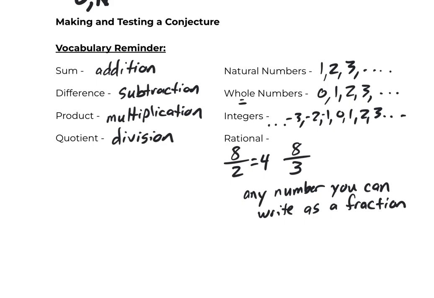But could we express it as a fraction? 8 over 2? Yeah. And typically we don't do that. Or I could even say 4 over 1. Are there any numbers that we know that are not rational? What if I did 0 over 5? That'd be okay.